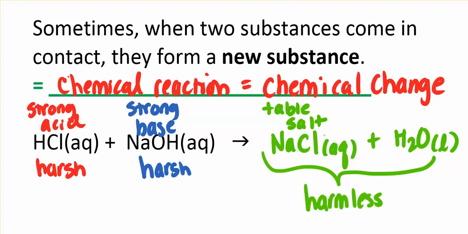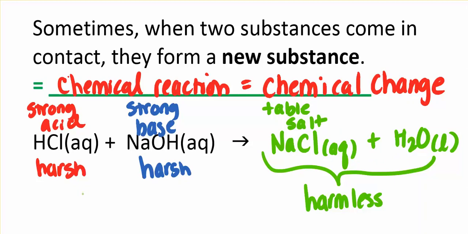In other words, they are very different chemically than what we started with. And this is what happens in a chemical reaction. Often your products, because they are new substances, can have very different properties than what you started with. Also, if I have some salt water, which is what I end up with here, I don't know of a way that I can take salt water and convert it back into a strong acid and a strong base.